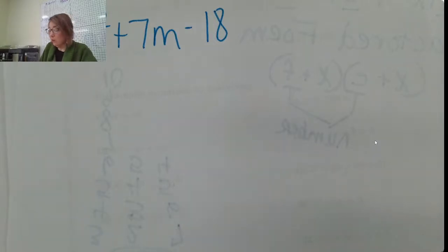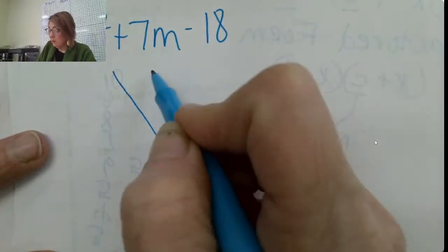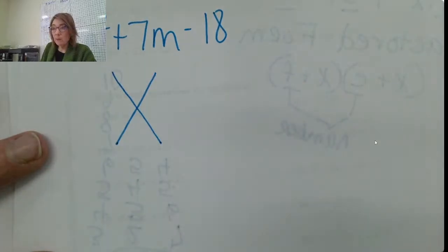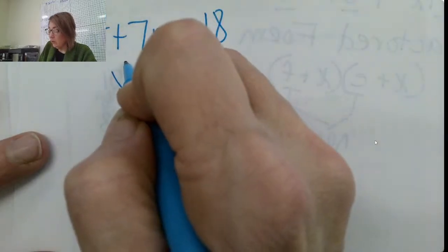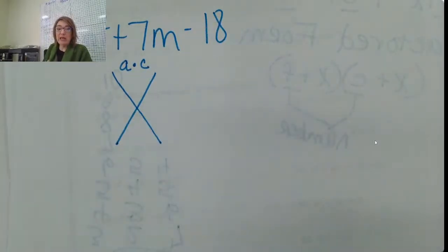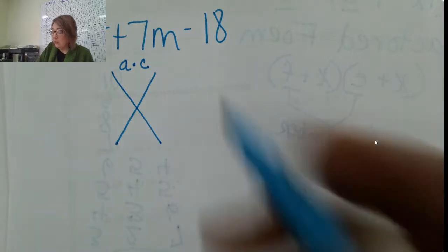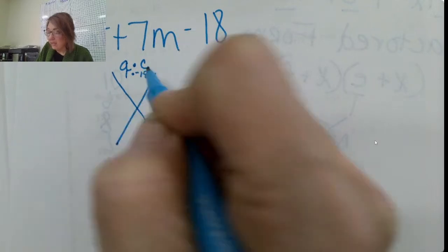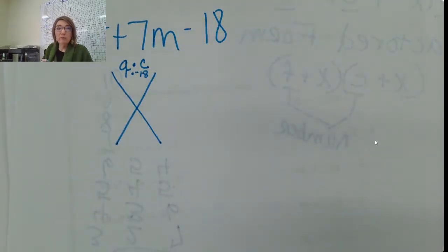So the first thing we're going to do is make an X. At the top, we're going to put A times C, whatever the value of A times C is. In this problem, what is our A value? 1. And what is our C value? So what is A times C in this problem?